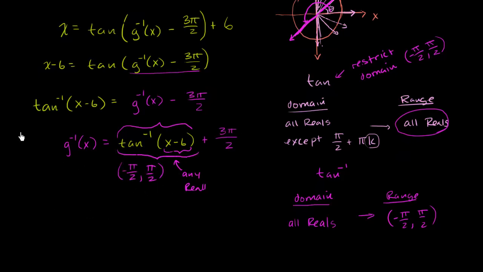So for the low end, 3 pi over 2 minus pi over 2 is 2 pi over 2, which is just pi, all the way to 3 pi over 2 plus another pi over 2, which is 4 pi over 2, or 2 pi. So the range of G inverse of x is pi to 2 pi, and it's an open interval. It doesn't include the boundaries. But its domain, you could put any value for x here, and it will be defined.